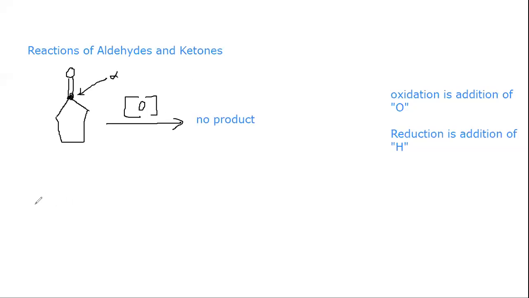Now, draw the product for this. This time I gave you guys an aldehyde. Clearly you can see there is a hydrogen to lose, and this is your alpha carbon.